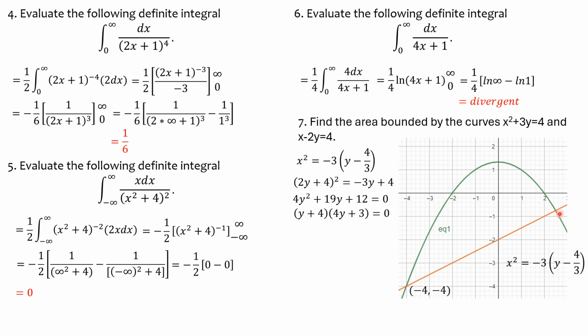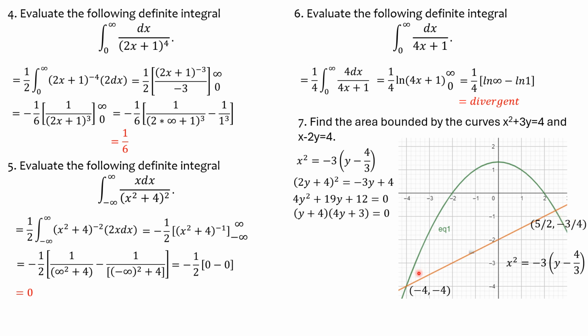If y is negative 3/4, then 2 times negative 3/4 is negative 3/2, and negative 3/2 plus 4 is 5/2. So the other point is (5/2, negative 3/4).